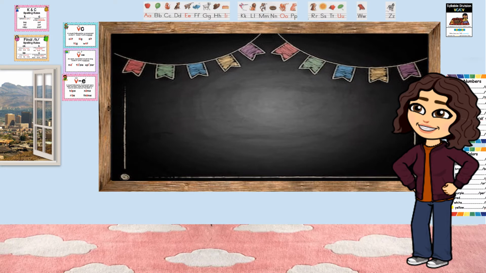Let's take a look at this word up on the board. Look carefully, boys and girls. How many sounds are between the A and the E? There is just one sound between the A and the E. Don't get tricked here, boys and girls. You all know that this is digraph TH. And in digraph TH, two letters come together to make one sound.